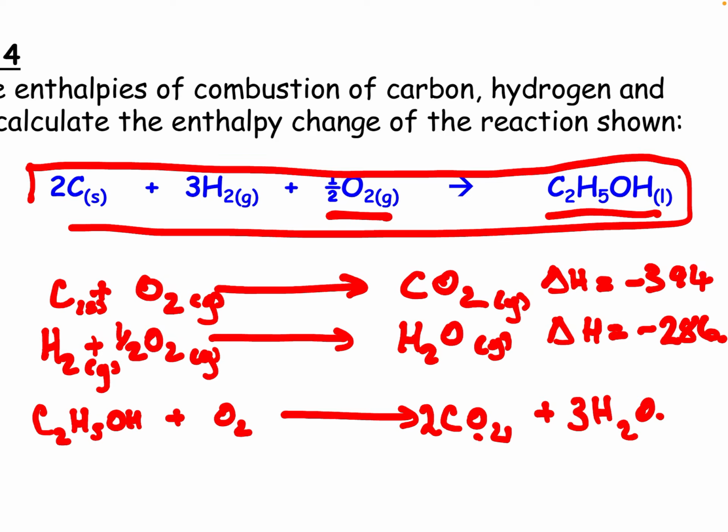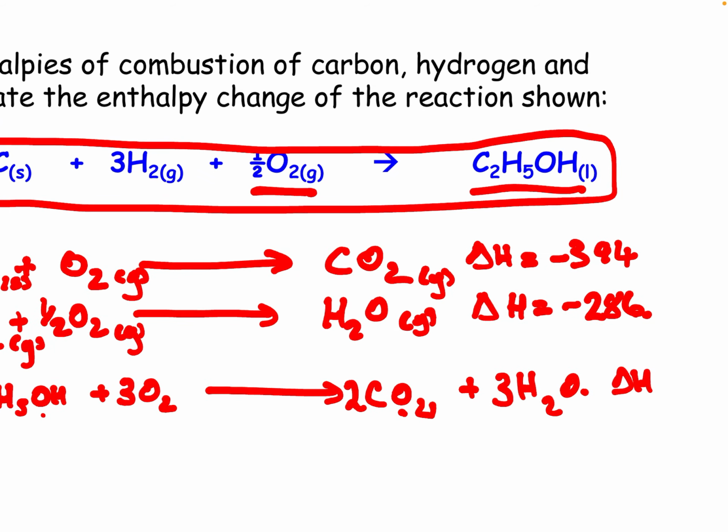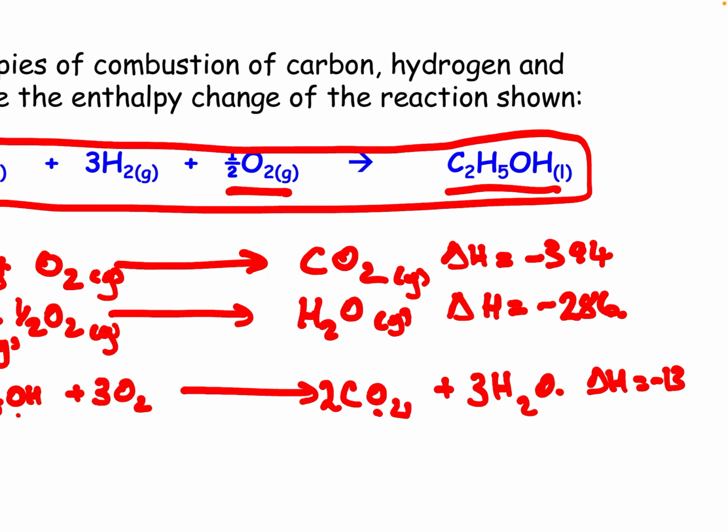So that's 4 oxygens here, and you have 3 here, which means you've got 7 on that side in total. You've got 1 here, so we're going to make this a 3. And that means we've got 1 here, and then 6 here. That balances out. Good. That enthalpy change from the data booklet from page 10 is minus 1367.